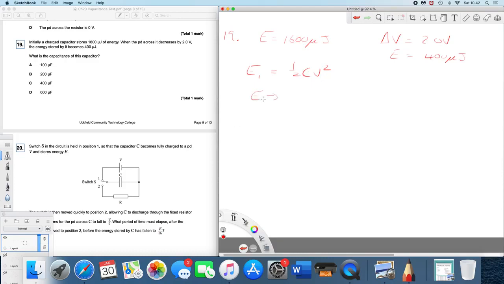E is going to a quarter of E. So V is falling to half of its original value.